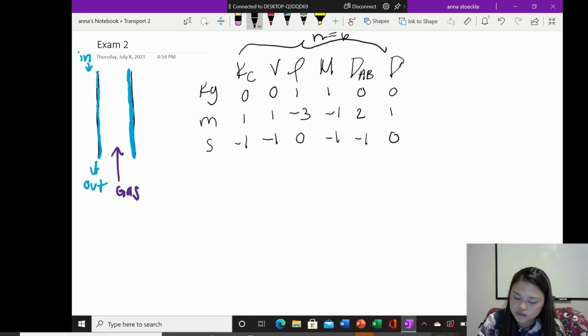The number of variables minus the rank is going to give us the number of dimensionless groups that are going to be involved in this problem. So what we're going to do is go to Google Colaboratory and find out the rank using code.